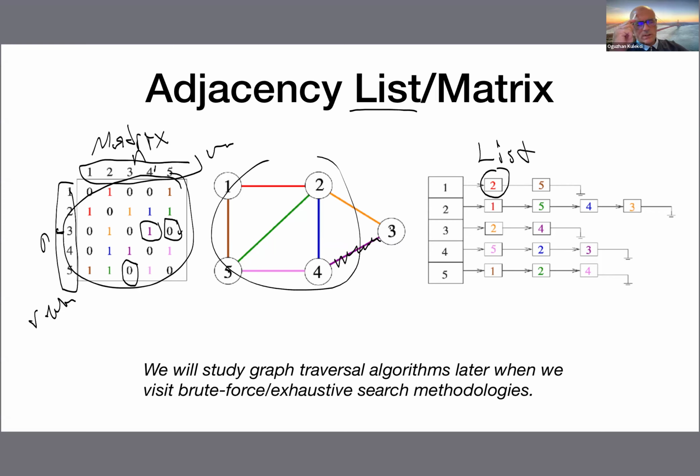As I mentioned, we will be studying the traversal algorithms and some more sophisticated graph algorithms later. This is all I would like to say about graphs at this time. With this review of tree and graph data structures, we are done with our data structure review in preparation for our main course, algorithm design.